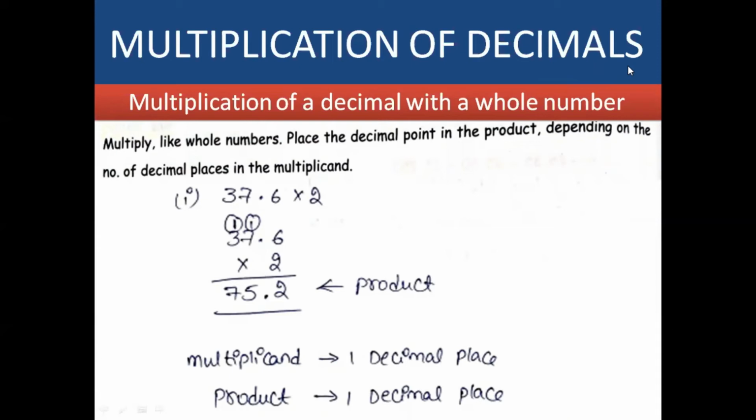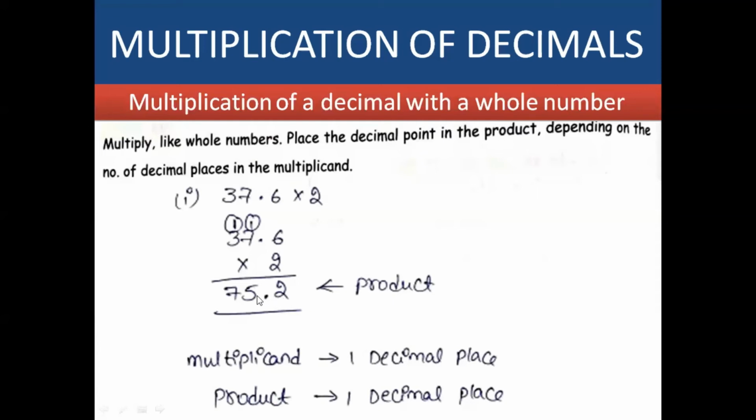Multiplication of decimals. Multiplication of decimal with a whole number. See here 37.6 into 2. 2 sixes are 12. 7 twos are 14. 14 plus 1, 15. 2 threes are 6. 6 plus 1, 7. 75.2.